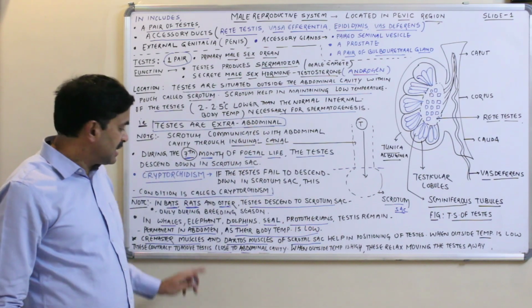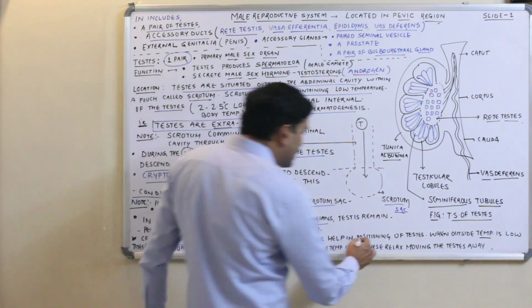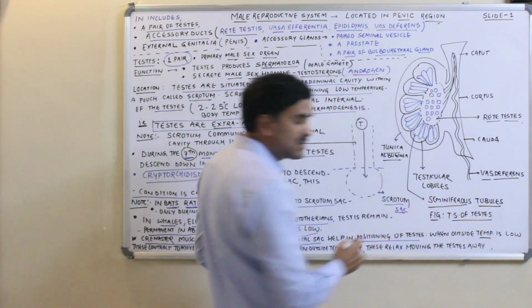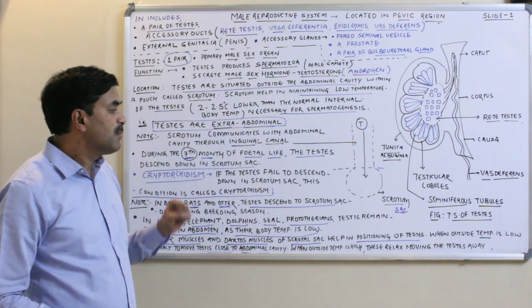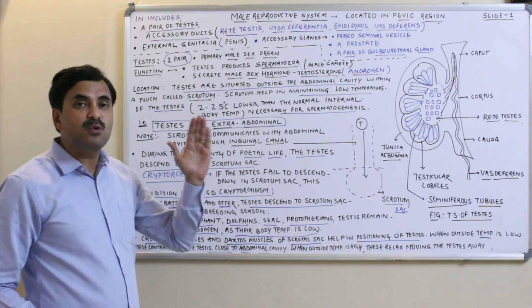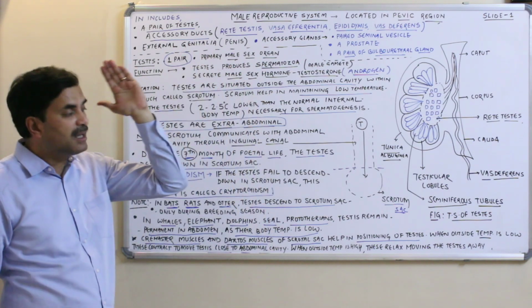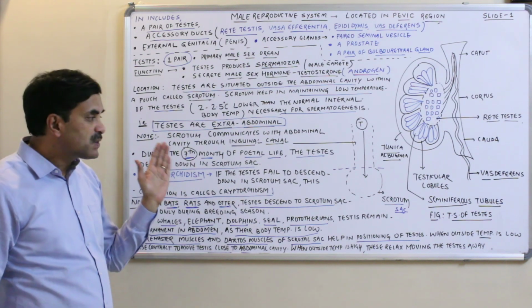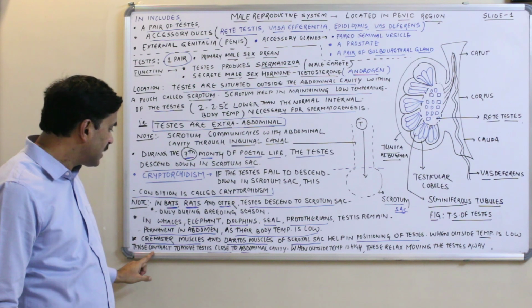And these muscles help in positioning of the testes. How are they responsible for the positioning of the testes? When the outside temperature is low, say in the winter season, lower than the body temperature, what happens?